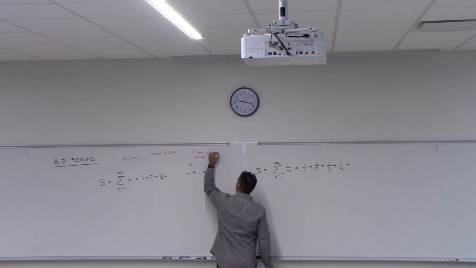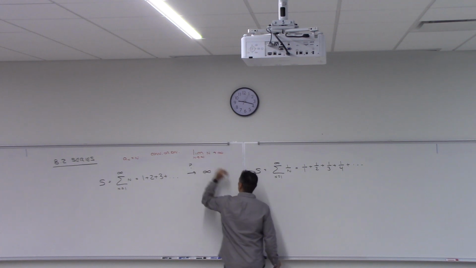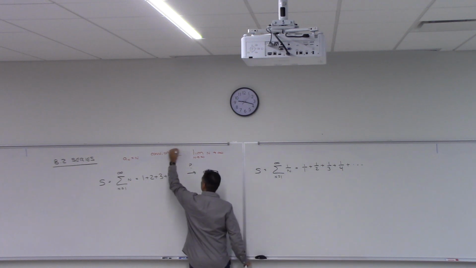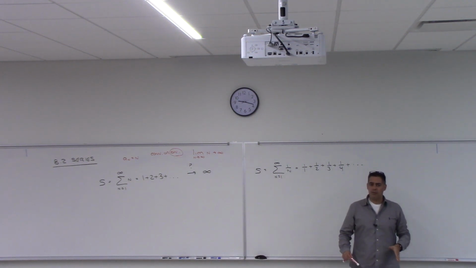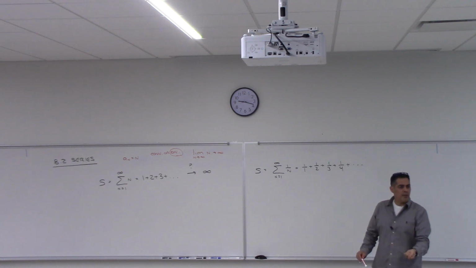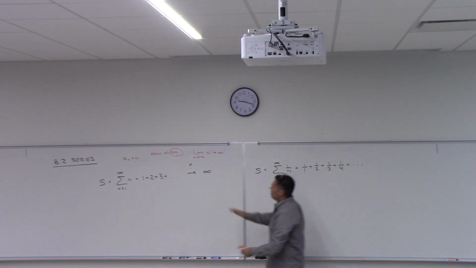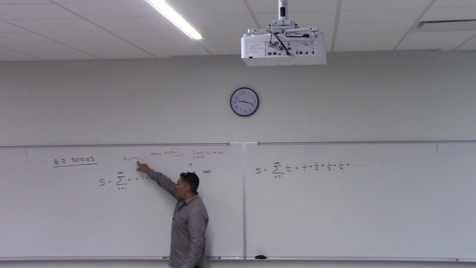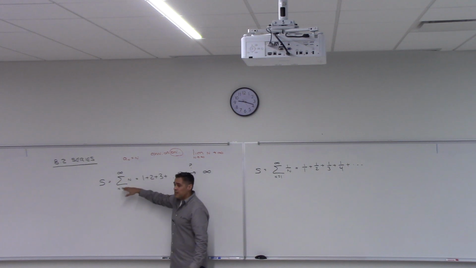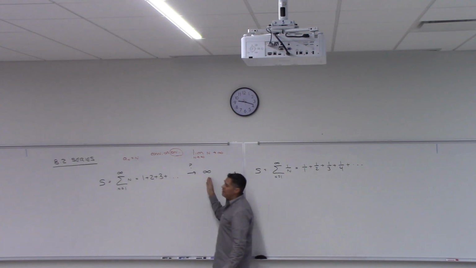This goes to infinity, which means this sequence diverges. What would it have to go to for it to converge? Some number. Infinity is not a number. So this is a divergent sequence, isn't it? And as far as the series, it looks like that goes to infinity as well.